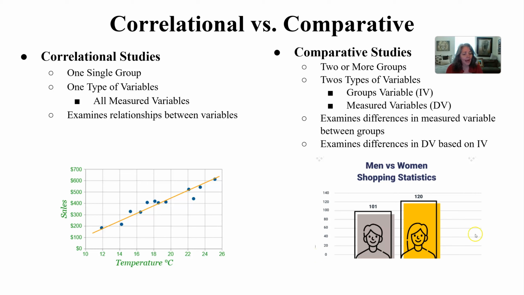And so notice I have two different groups of participants. I have men and I have women. I didn't randomly assign to those groups. They automatically came as either a man or a woman, right? And so that being said, those groups naturally form, and then I am deciding what I want to compare between those groups.